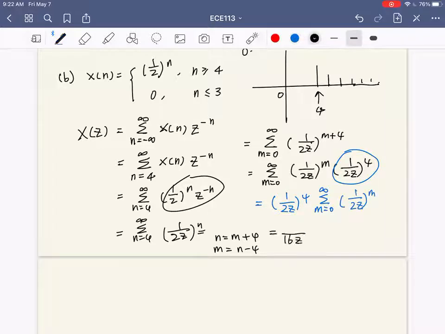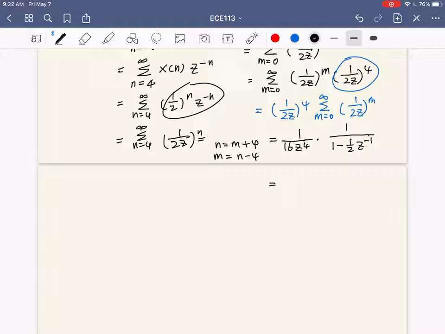So we will have this, and using the geometric sum equation, we'll get this. All right, and then we put all the z's together. You get the constant 1/16, and the z to the 4 will become z to the minus 4 in the numerator.